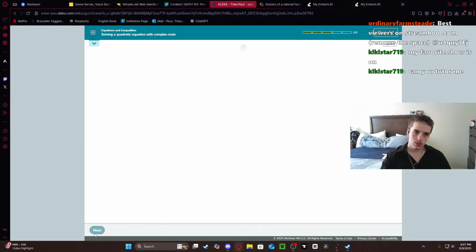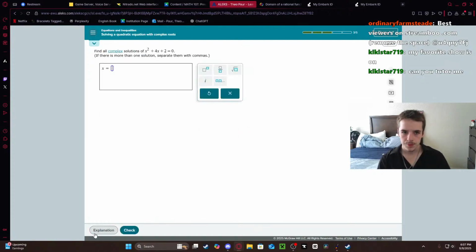Now one more, and then I'm on to the next one. Okay, so to put this into the quadratic formula, we'd have negative 4 plus or minus the square root of 4 squared minus 4 times 1 times 2, and then divided by 2 times 1. Simplifying that out, we have negative 4 plus or minus the square root of 4 squared is 16 minus 8 would be 8.